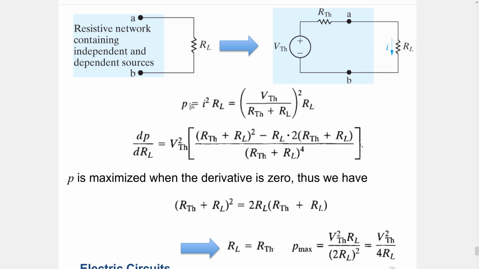Now let us go back and think in our calculus pants, okay? I have a function P and I have a variable. I can choose RL as a free independent variable, just like X, okay? So if this is the case, it's going to be a function with a single variable.